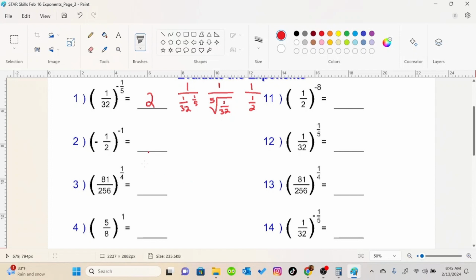Number 2, we have negative 1/2 to the negative 1 power. So negative means 1 over. And anything to the power of 1 is itself.